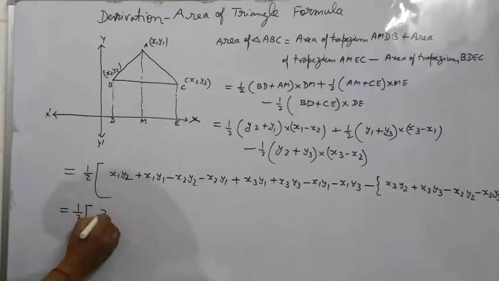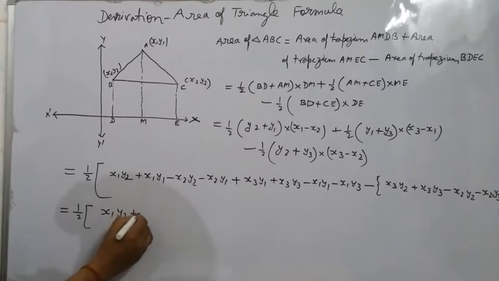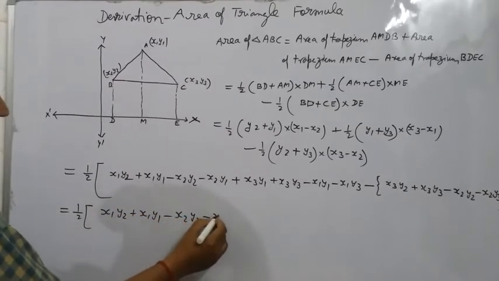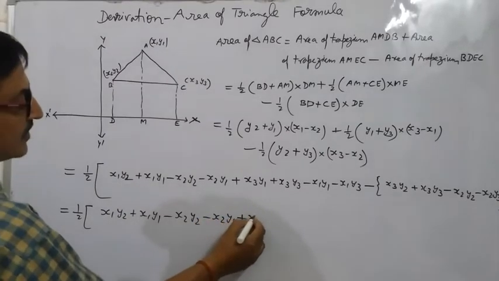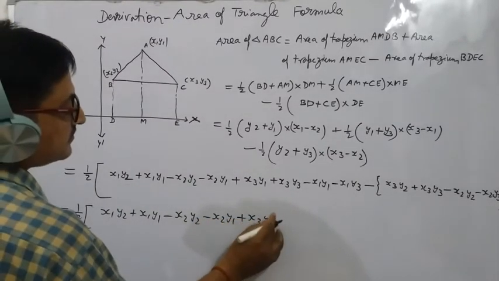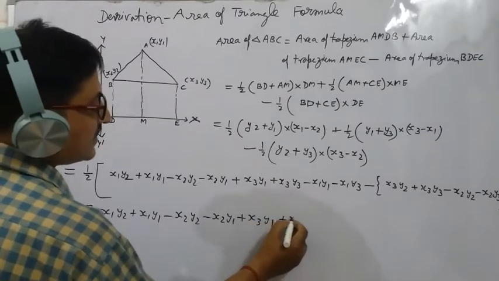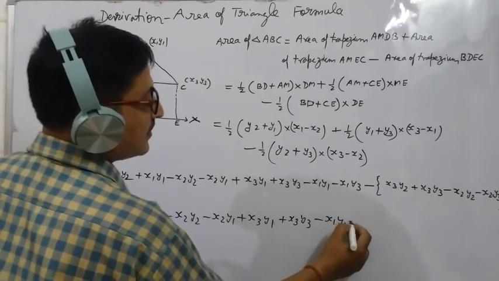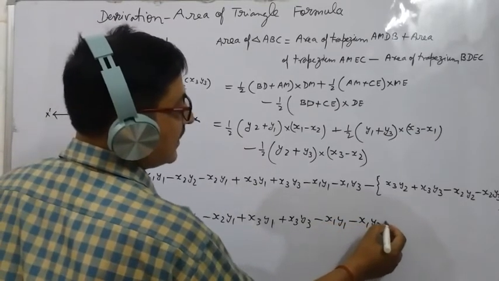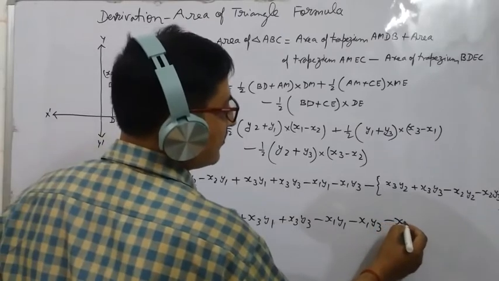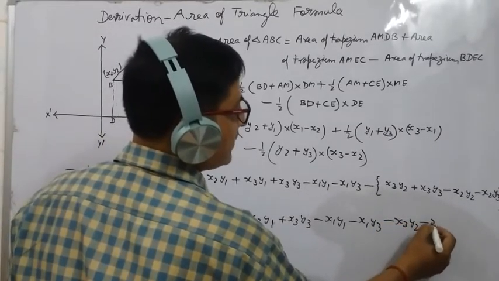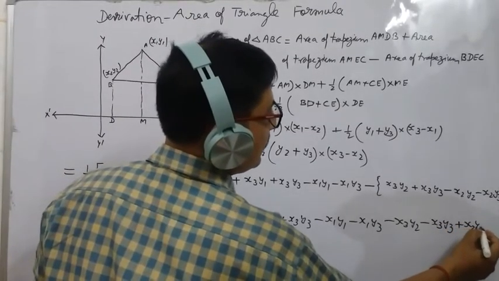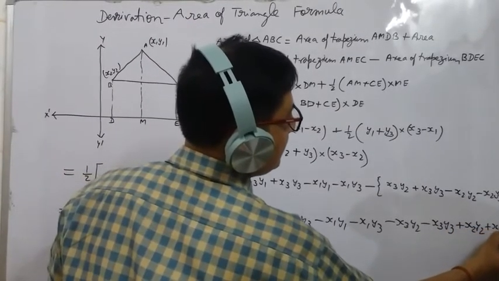First we open everything: x1 y2 plus x1 y1 minus x2 y2 minus x2 y1 plus x3 y1 plus x3 y3 minus x1 y1 minus x1 y3, and the minus sign makes the bracket negative: minus x3 y2 minus x3 y3 plus x2 y2 and plus x2 y2.